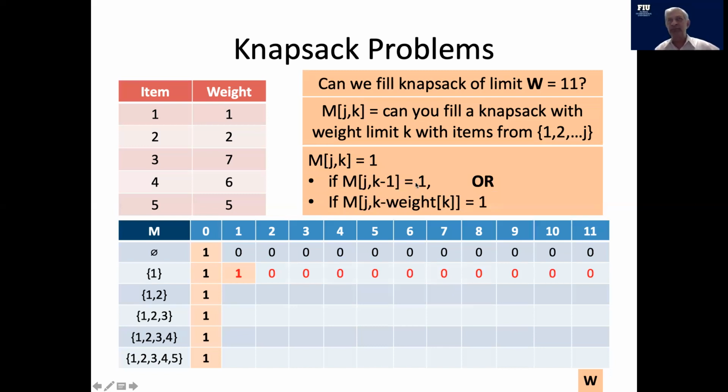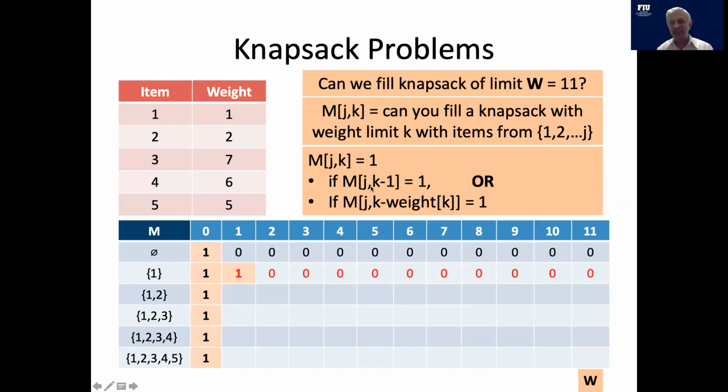The first condition says if m of j comma k minus 1 is 1. Now, what does that mean? Well, it means that if I can, I wrote something wrong there. I'm sorry. That should have been j minus 1, k, not j, k minus 1.